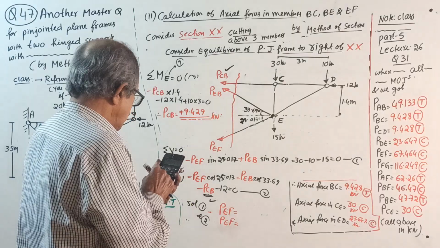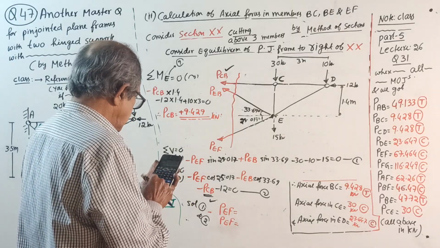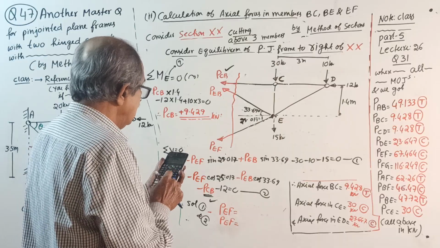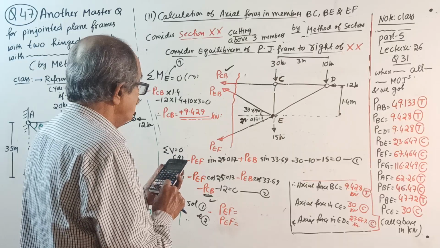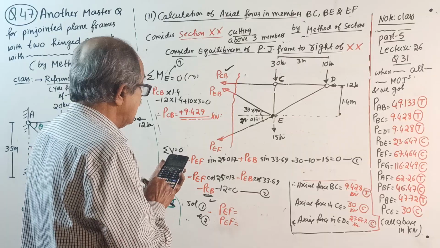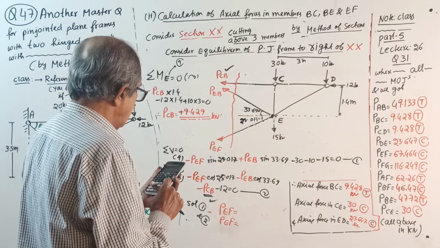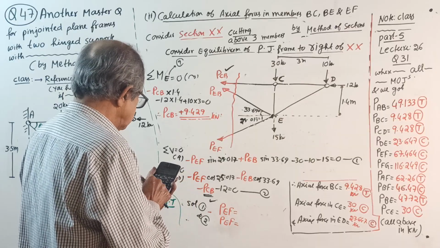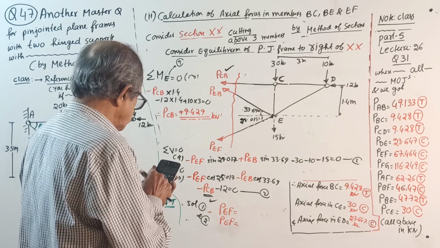Minus sine 25.017, sine 33.69. Then 30 plus 10 plus 15. Second round: cos 25.017 into minus 1.